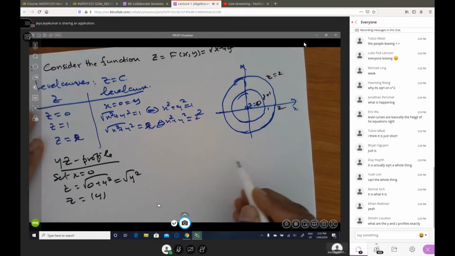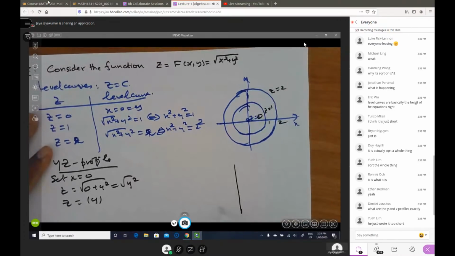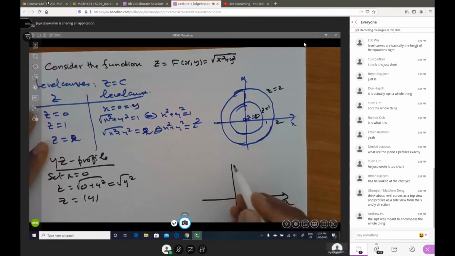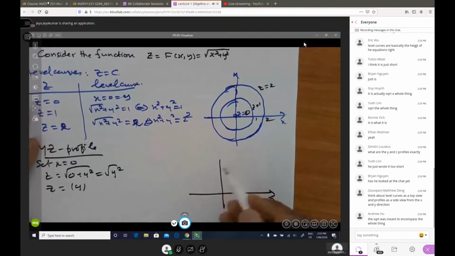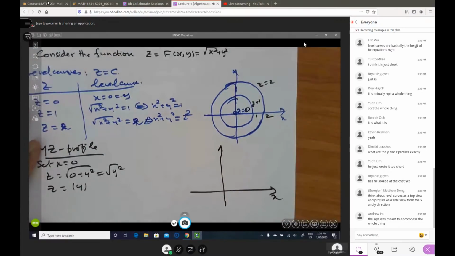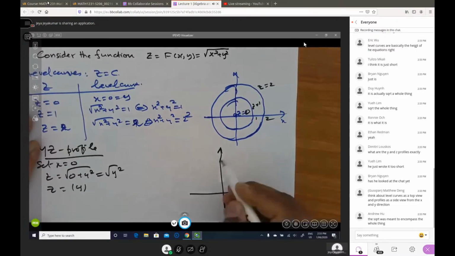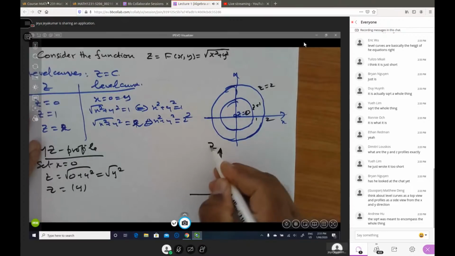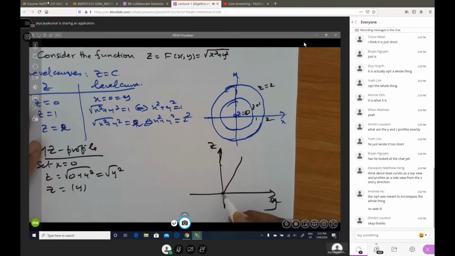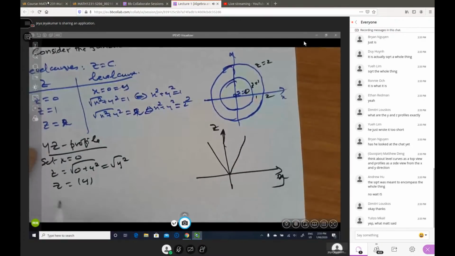Okay? So the profile here, x, y, z: the yz profile, y and z, that is absolute value of y, like this. Same as the xz profile.